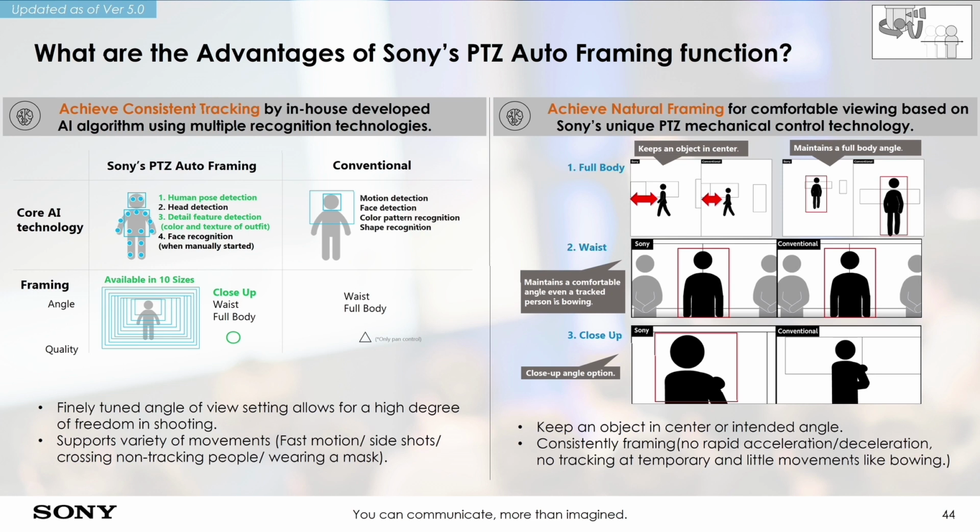Also, basically conventional camera only has upper body mode or full body mode, but our PTZ auto framing provides three different framing angles: full body, waist, and close up, and also available in 10 sizes.